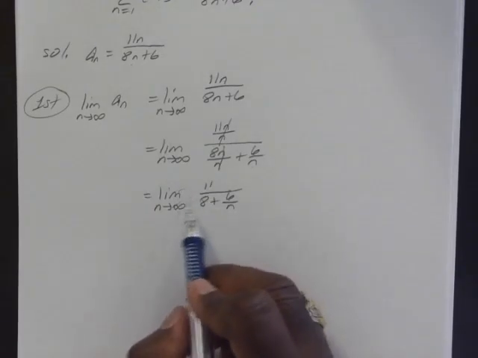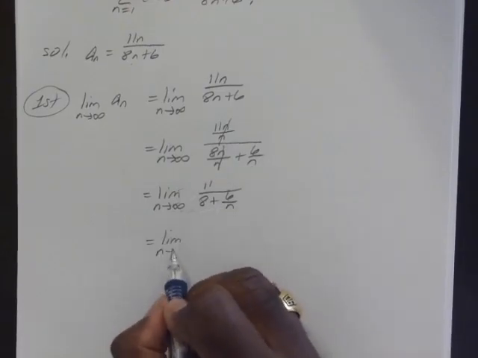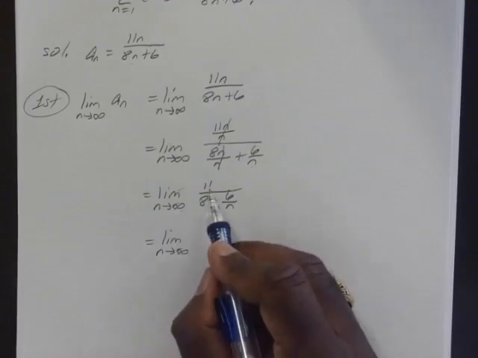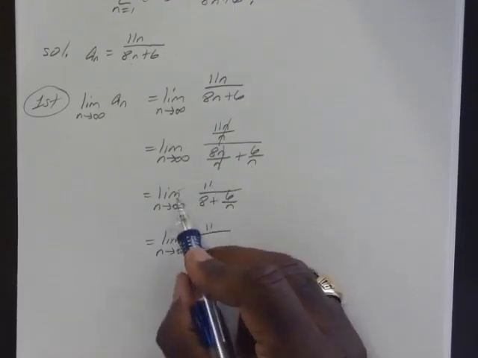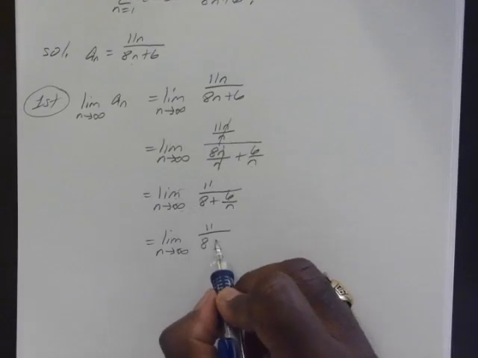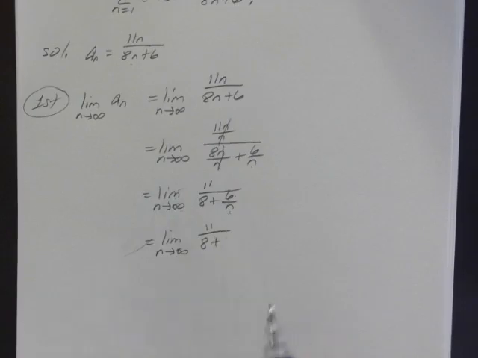Okay, so if we take the limit of each term, the limit of 11 is just 11, over the limit of 8, which is 8, plus the limit of a constant divided by a number getting bigger, which is just 0.